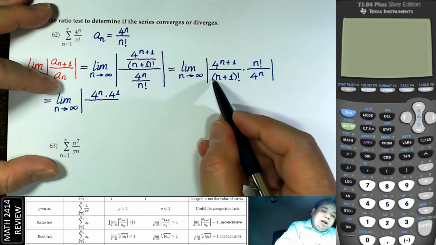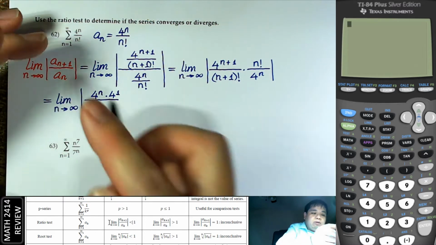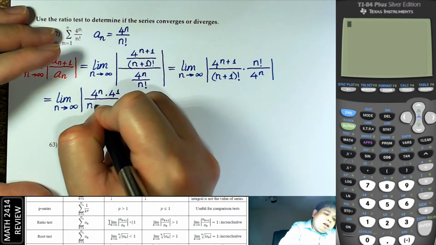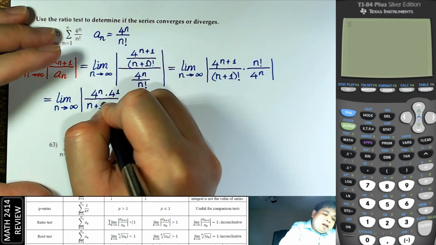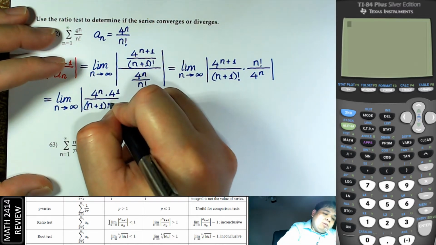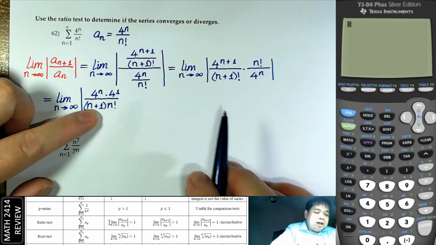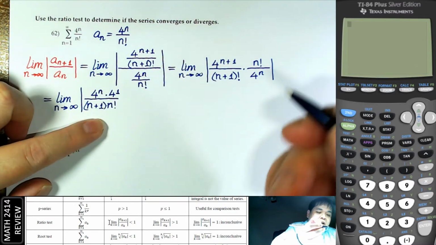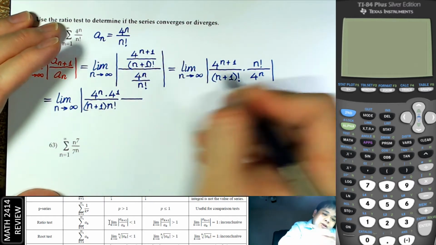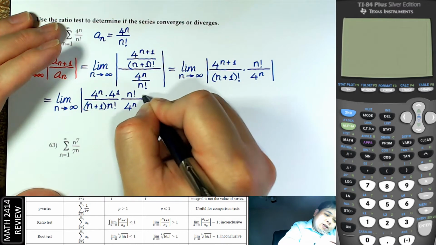That's what we have. N factorial. N plus 1 factorial is starting from n plus 1 and we're going back times n minus 1 and so on all the way back to n. But we're going to stop at n. So n plus 1 factorial is n plus 1 times n factorial. And then we have n factorial over 4 to the n power.